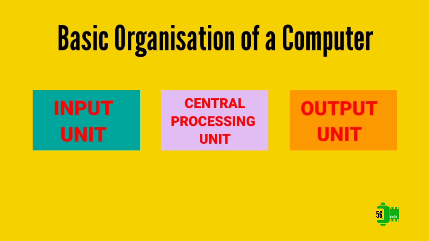The function of the input unit is to provide data or information to the computer from the user. The CPU, or central processing unit, is the main unit of a computer to control all the devices linked with the computer and perform arithmetic and logical operations. The output unit is designed to provide output through output devices. Common output devices are monitor, printer, loudspeaker, and so on.